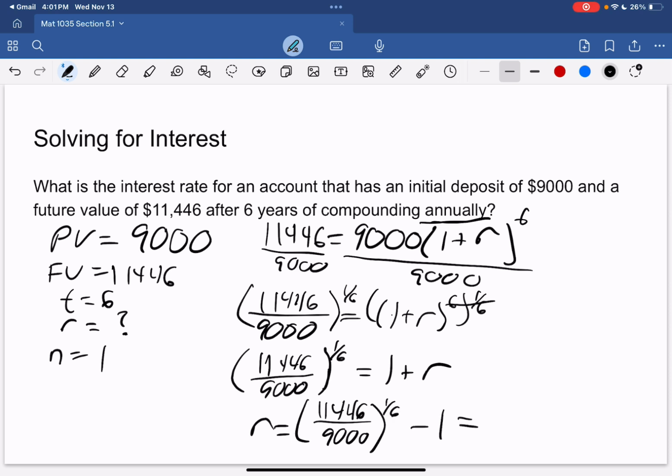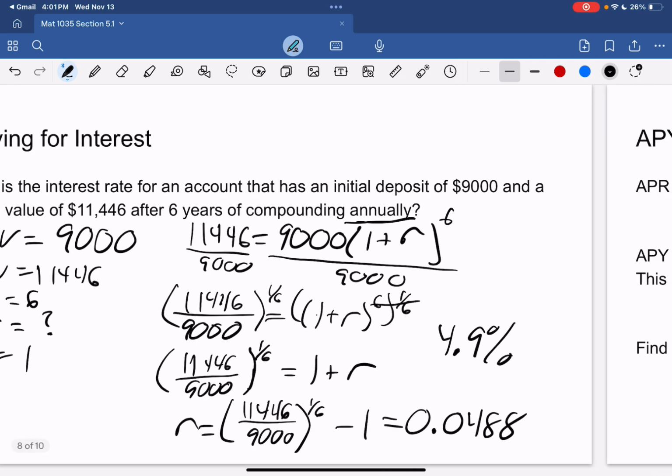Plug that in the calculator, and I get 0.0488. When I convert that to a percent, I get 4.9%. All right, so that would be that for solving for the interest. So that would be the rate that I would need to get back to 11,446 after 6 years.